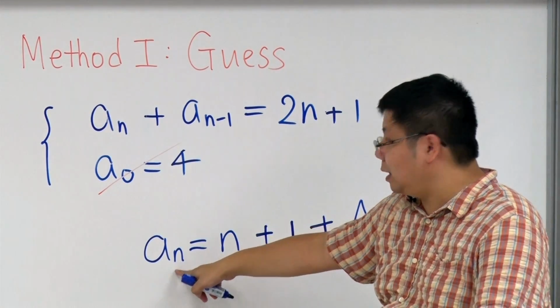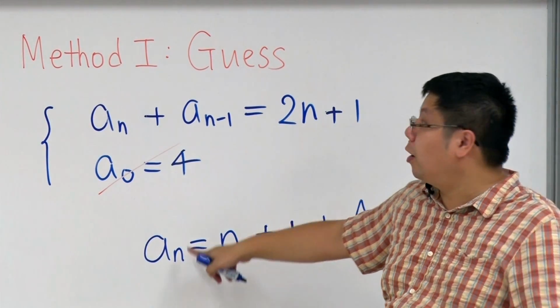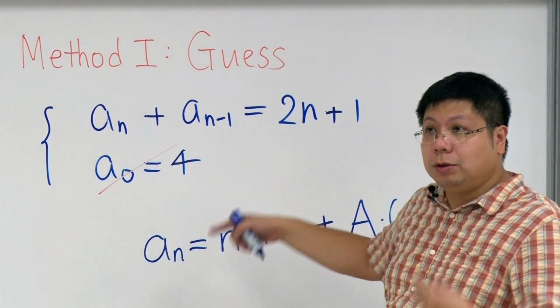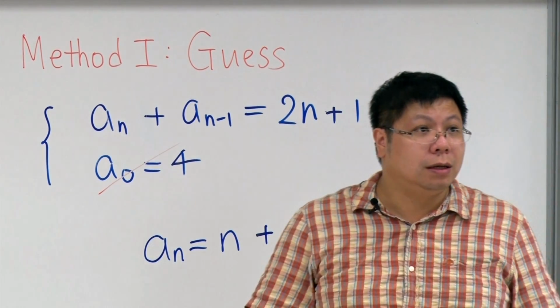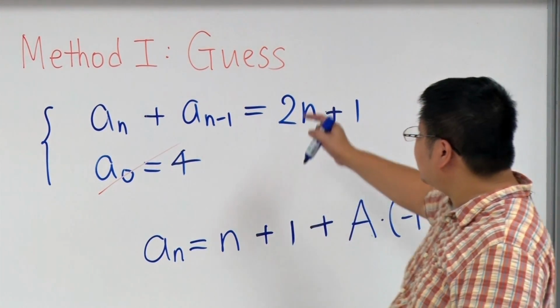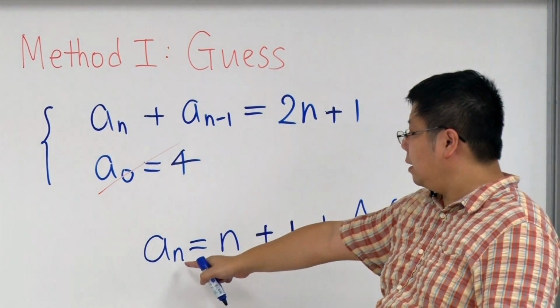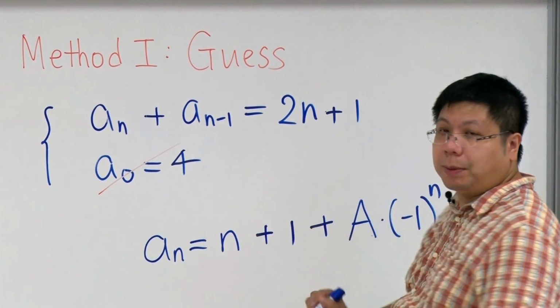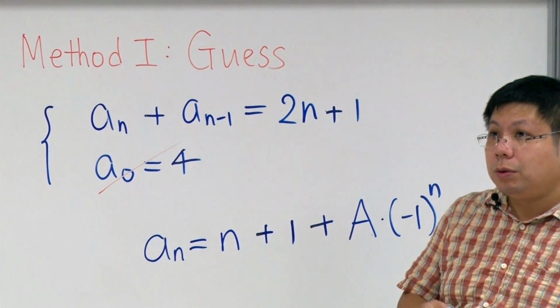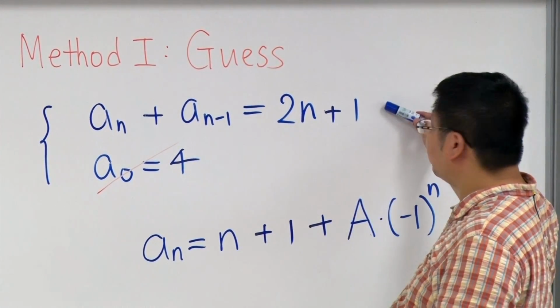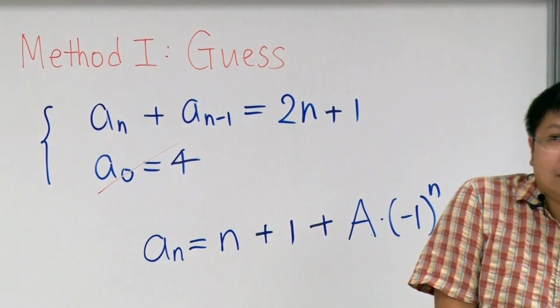So if I'm using this new a_n instead of the original a_n, it still works. So it means that for this recurrence, any n plus 1 plus a times minus 1 to the power n will satisfy the first equation. Is that okay?